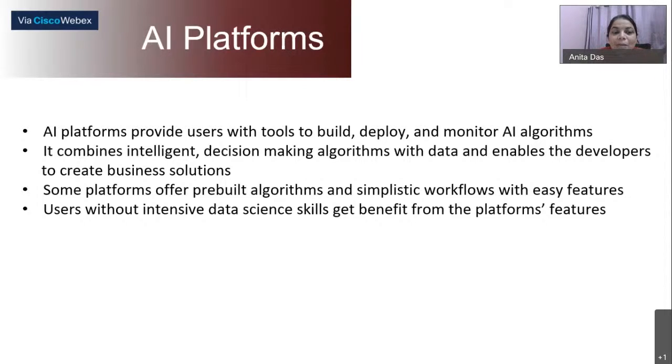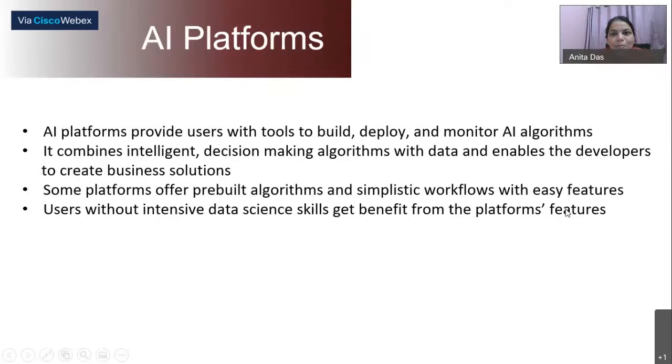It combines intelligent decision-making algorithms with data and enables developers to create business solutions. Also, users without intensive data science skills get benefit from the AI platform features.